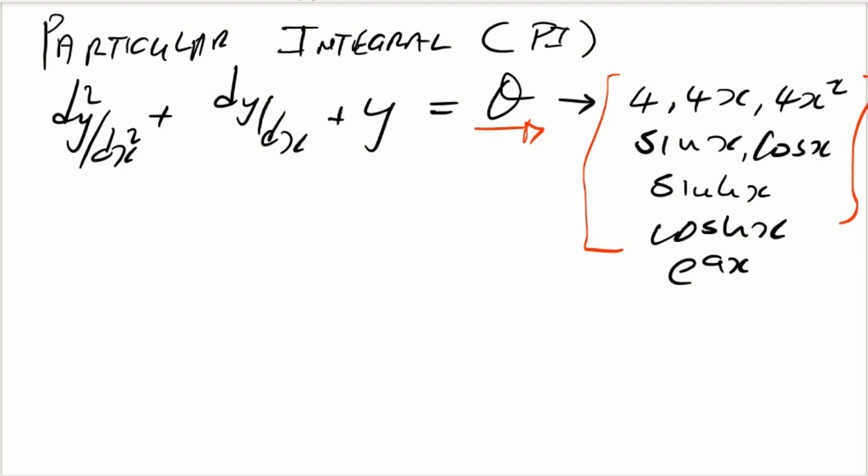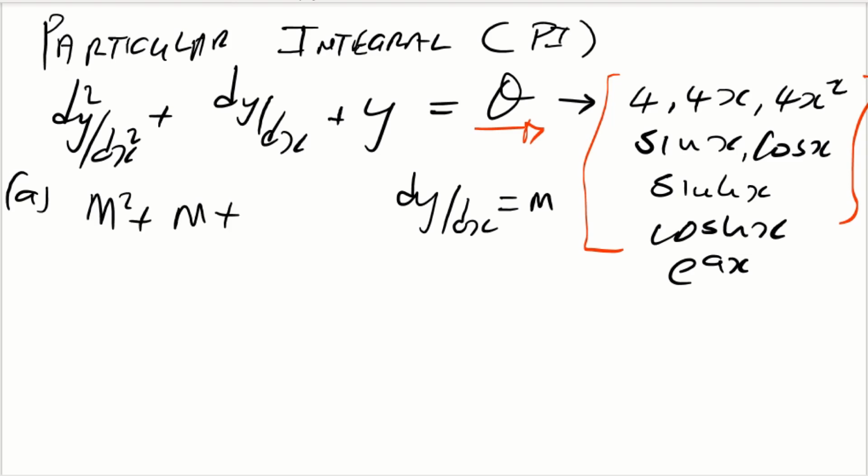So okay, let me just do one example. Remember your dy over dx equals m, so you let dy over dx equal m. The first equation is equated to a constant, so it's equated to 4. To find your PI, as you can see, this is equated to a constant.